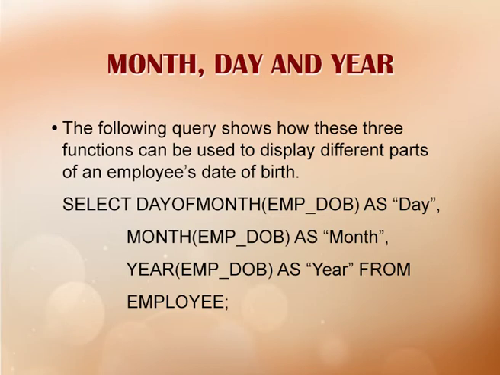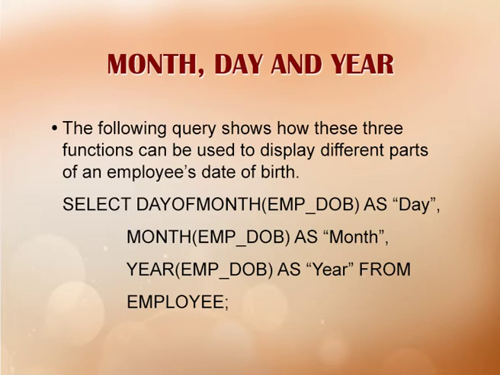Let us see the query and understand with the help of an example. The following query shows how these three functions can be used to display different parts of an employee's date of birth. This is a simple query in which the date field exists in the employee table. From that employee table I have to extract the day, the month and the year, and they should be displayed under columns named day, month and year.